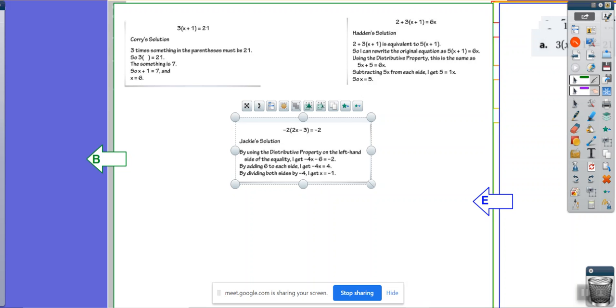And so your job, I believe, is to figure out if they did their problems correctly. So really, it's a student error analysis for problem B. Are there any questions about what we're doing on this investigation? Nope. Okay, so that's all there is, folks.